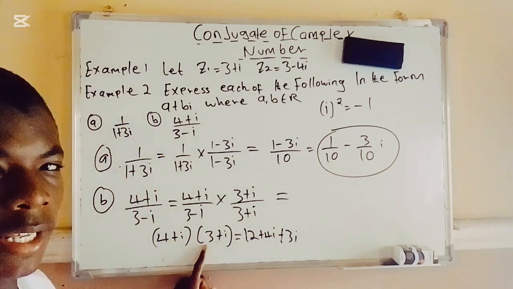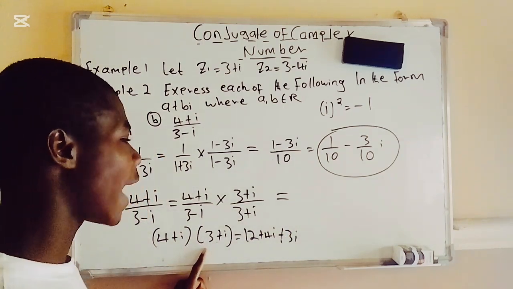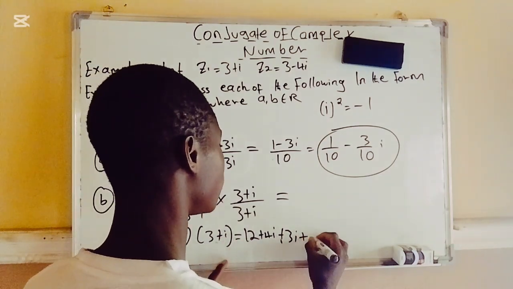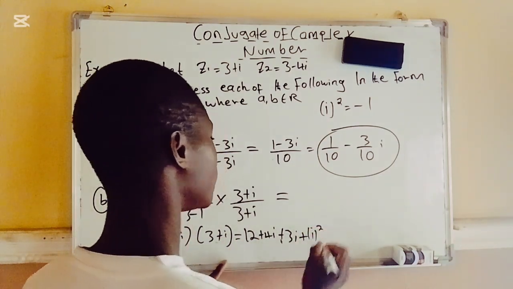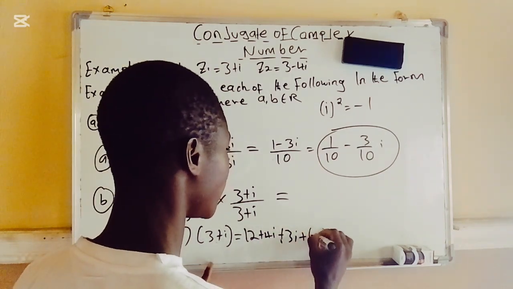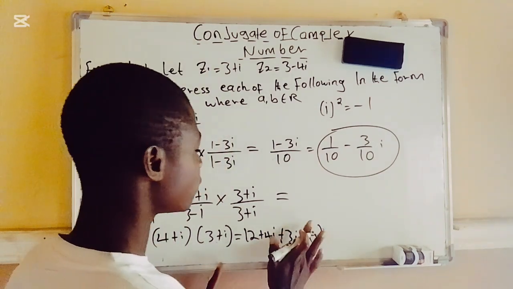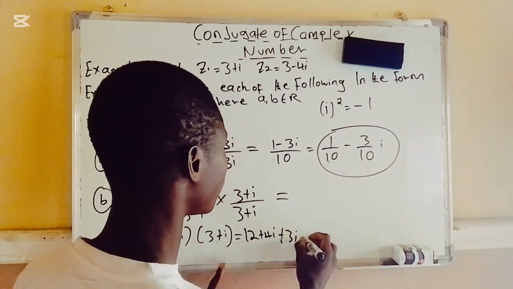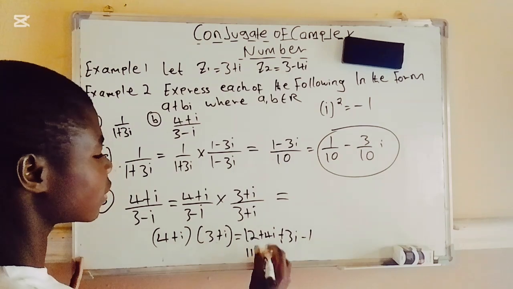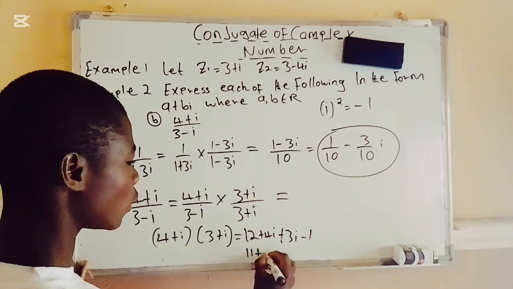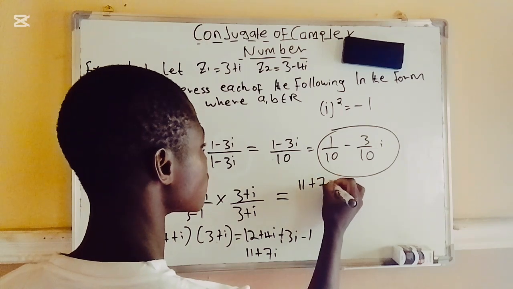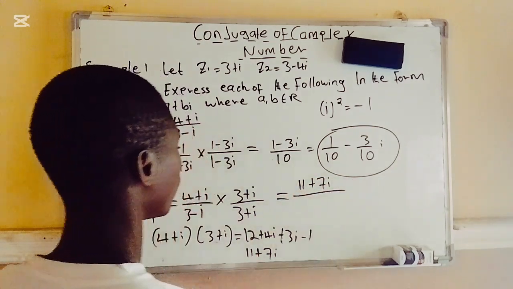And i multiplied by i gives i squared, which is the same thing as negative 1. So we have negative 1. 12 minus 1 gives 11. 4i plus 3i gives 7i. So we have 11 plus 7i.